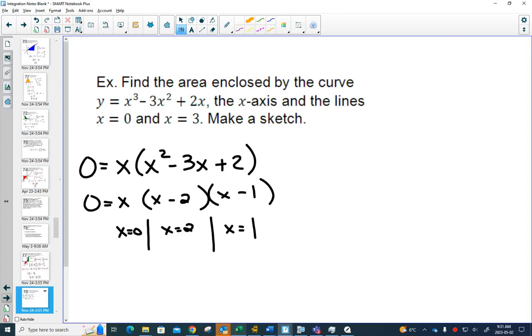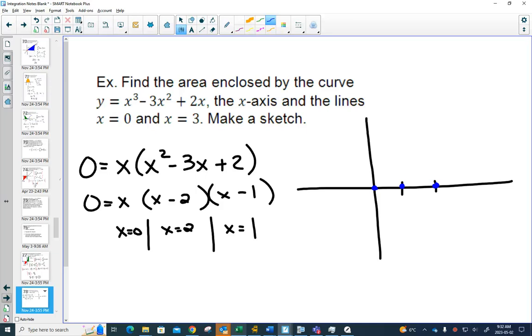As far as a sketch goes, I know that those are my 3 x-intercepts. Without using calculus, because at this point, do I need to know what the maximums or minimums are? No, I'm calculating area.